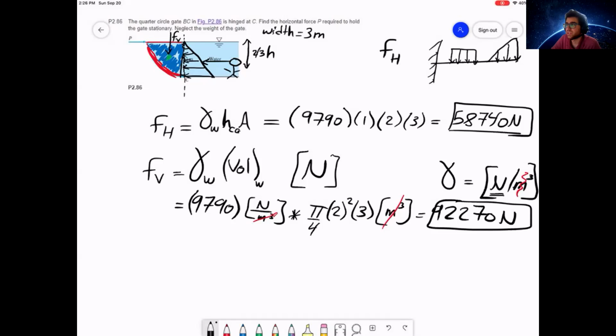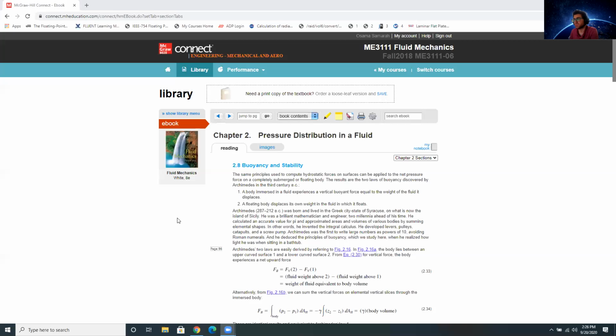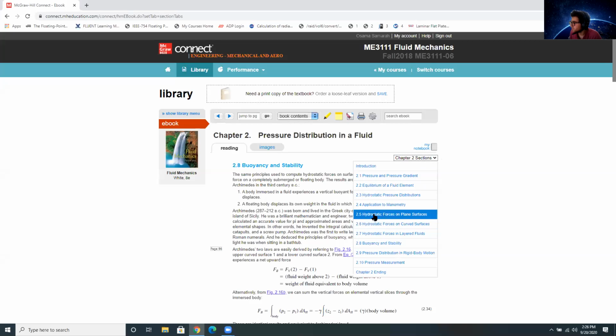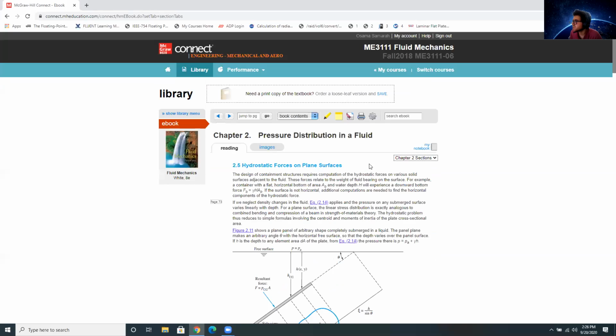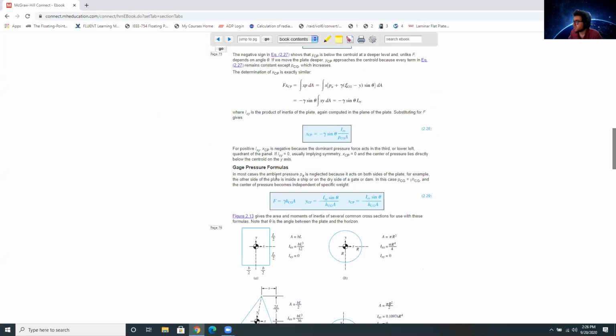Do we have to start deriving equations? Not really, right? Remember in chapter 2, I can share my screen and show you guys. If you go to chapter 2 and you go to hydrostatic forces, that is section 2.5, and there you go.